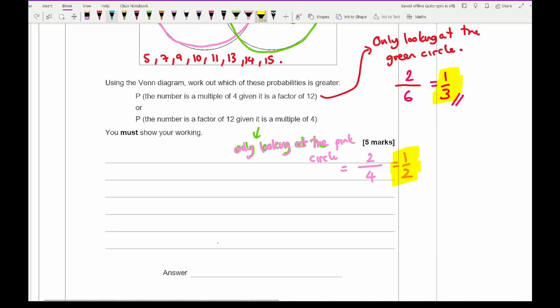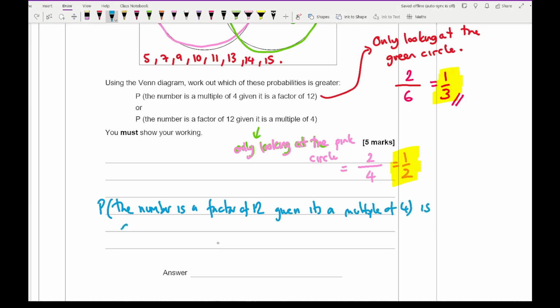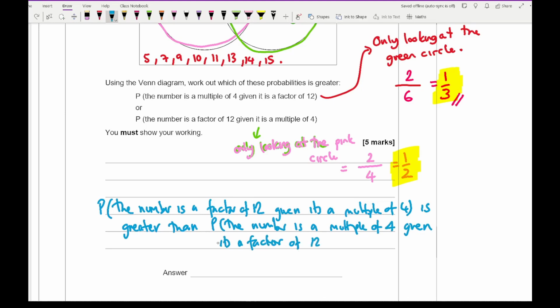Well, from this we can then say that the probability that the number is a factor of 12 given it's a multiple of 4 is greater than the probability that the number is a multiple of 4 given it's a factor of 12.